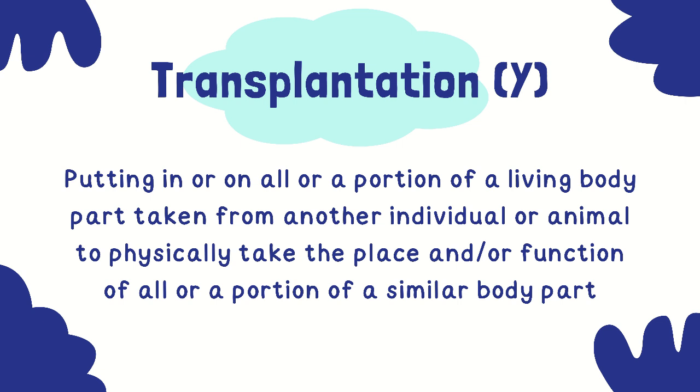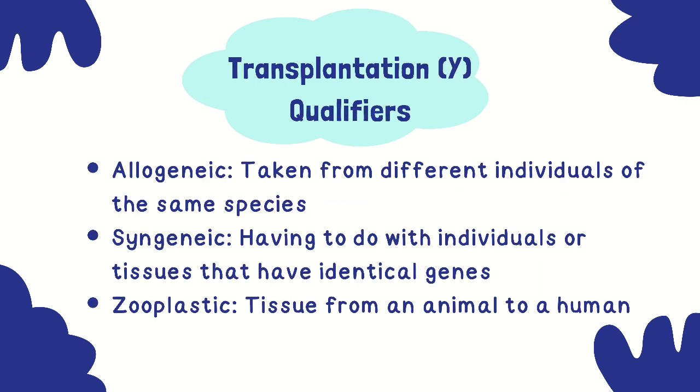All right. So I got a couple of things to say over here. So, number one, transplantation procedures have a seventh character that has one of three values, and that's allogenic, syngeneic, and zooplastic.